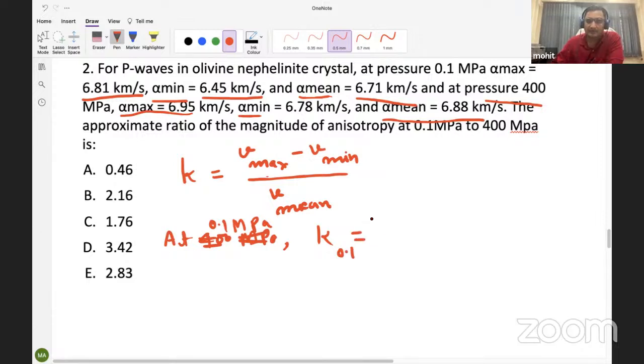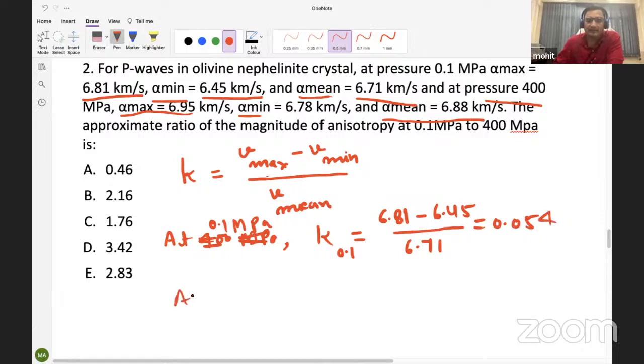That will be equal to V max, 6.81, minus V minimum, 6.45, divided by V mean, 6.71. When you calculate it, it comes out to be 0.054.